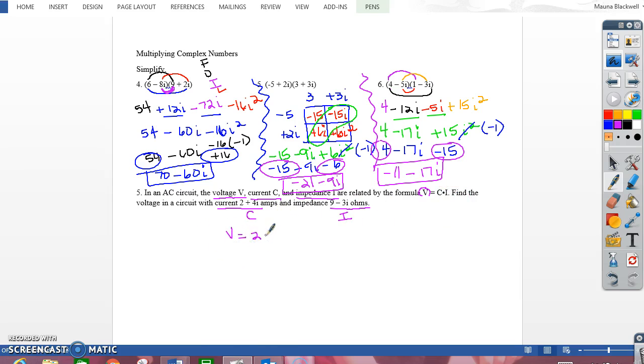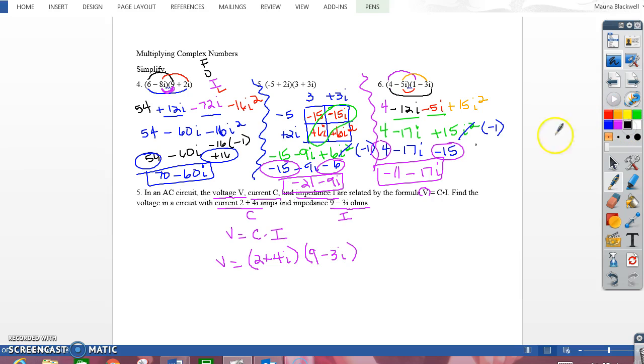V equals C times I. So C is 2 plus 4i, and I'm going to multiply that by I, which is 9 minus 3i ohms. So if I multiply those, I get my voltage, and now I'm back to what we were doing up here.